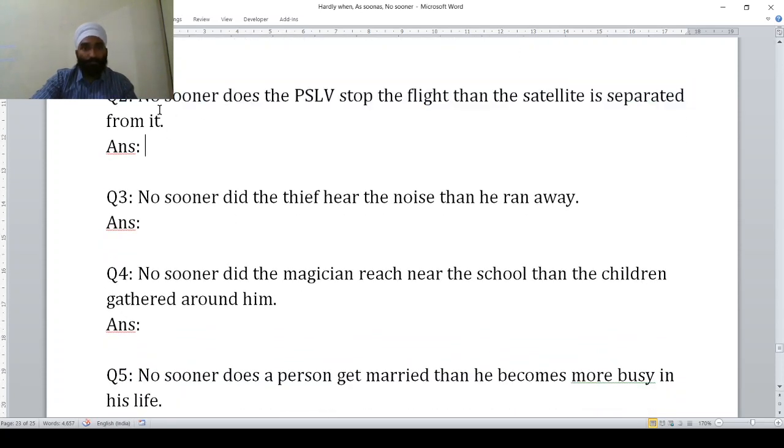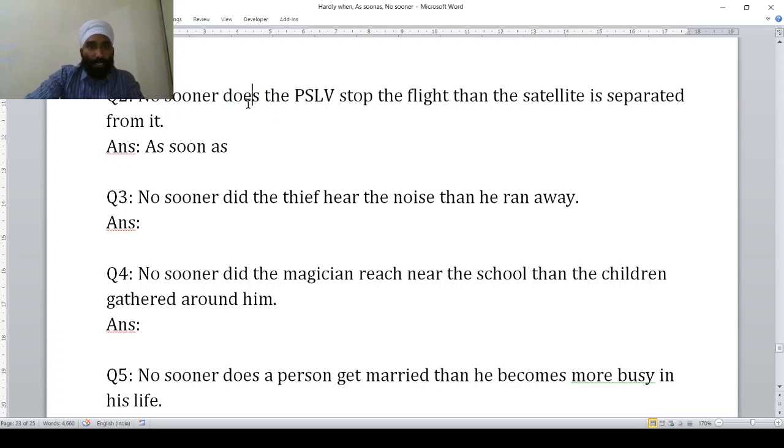Now we shall see: No sooner does the PSLV stop the flight than the satellite is separated from it. Here also two actions are there. So again we are going to use as soon as in such a sentence. Now you see as soon as. After this, we can see that does is used in this sentence, and does represents simple present tense.